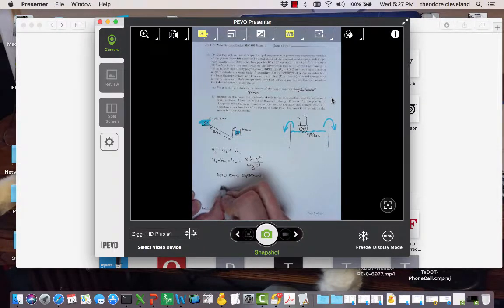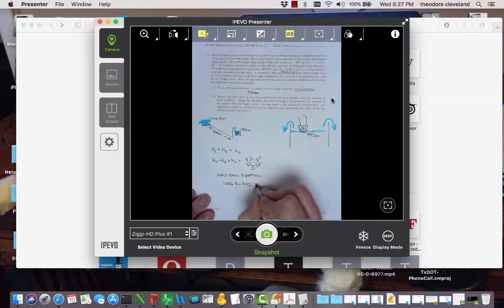And if we do so, 1,006.3 minus 992 equals the head loss, which is equal to 8FL Q squared over pi squared g d to the fifth power. 1006.3 minus 992 equals 14.3.